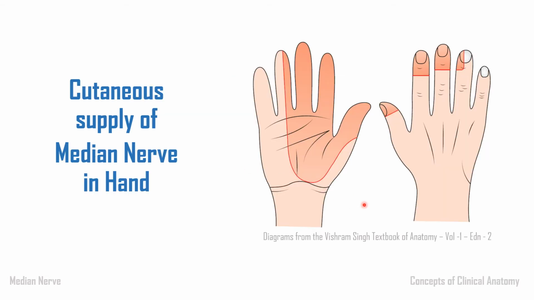This is the pictorial representation of the cutaneous supply of the median nerve in the hand. You can see the median nerve supplies the lateral half of the palm and the lateral 3 and a half digits of the palmar surface, then the nail beds, then the skin over the lateral 3 and a half fingers of the dorsal aspect of the hand also.